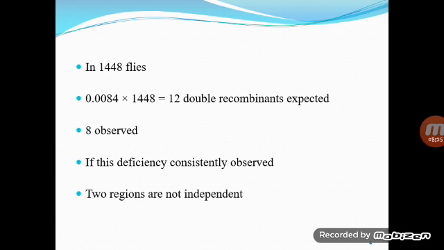In other words, there is some kind of interference. Due to this interference, 4 double recombinants didn't appear. A crossover reduces the probability of a crossover in an adjacent region, which is the definition of interference.